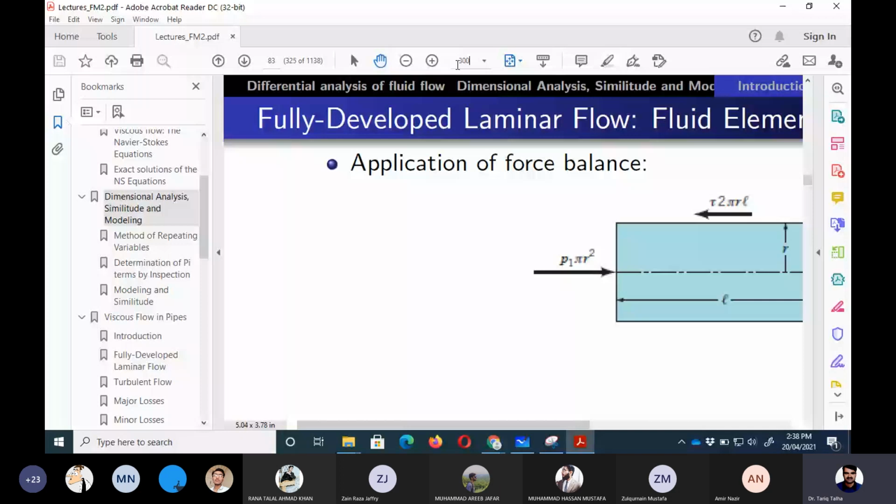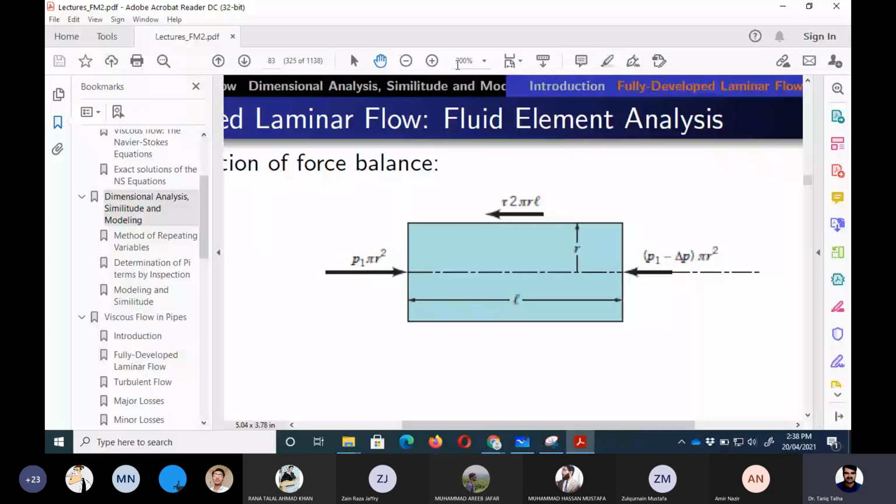Here we can see P1 into pi r square, the cross-sectional area. On the right-hand side, if delta P is the pressure drop, then the pressure on the right-hand surface, which is in the negative x direction because pressure is always a compressive force, is P1 minus delta P.